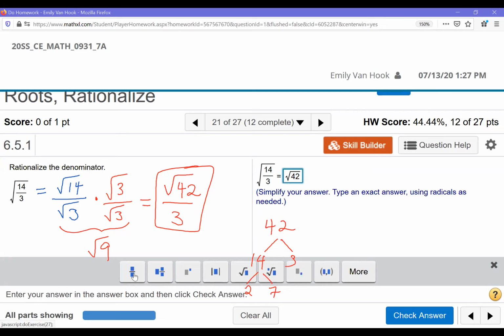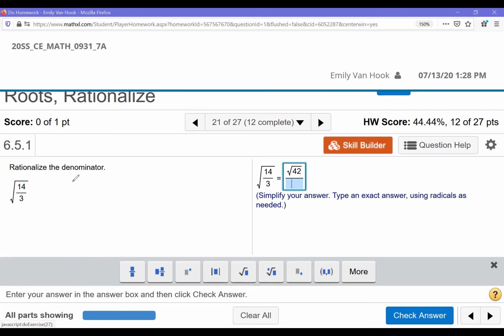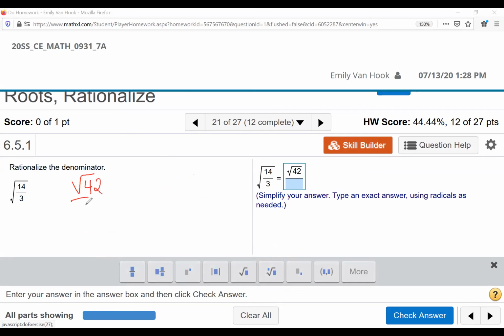You can use the slash key, and then that will create a fraction for you. So I'm going to try to write out what I just did. I'm trying to type the square root of 42 over 3. So square root button first, then 42, then the slash button, and then I can type 3. That's one way to do it with your keyboard.